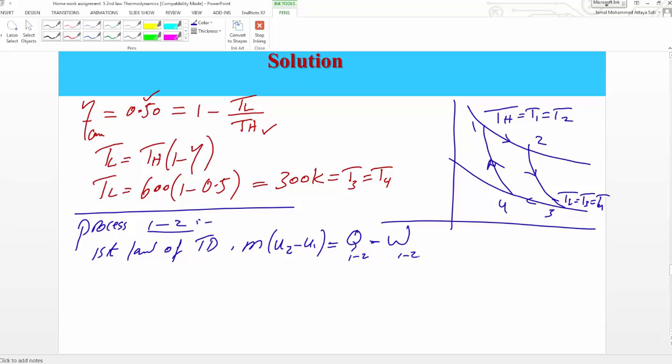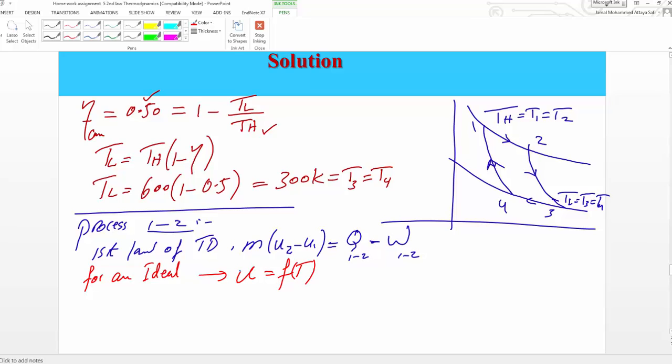And for an ideal gas, that's also a very important fact, we said that internal energy is a function of temperature.